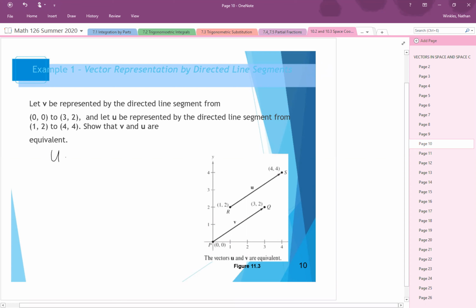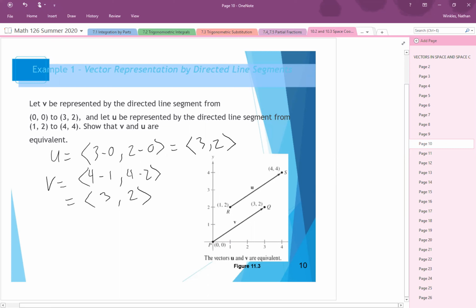So v is the vector ⟨3 − 0, 2 − 0⟩, which is ⟨3, 2⟩. And u is the vector ⟨4 − 1, 4 − 2⟩, which is ⟨3, 2⟩.